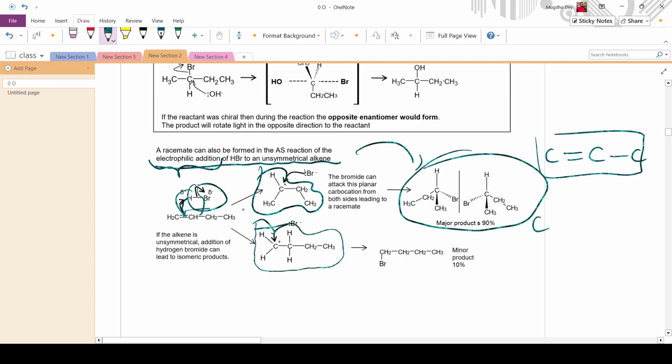There are certain conditions in which this planar molecule is produced, and when this planar carbocation is produced, bromine can attack on both sides. It could attack from the top or from the bottom, eventually leading to this. Am I clear? Otherwise, it's just the normal way which you have learned in AS. Am I clear?